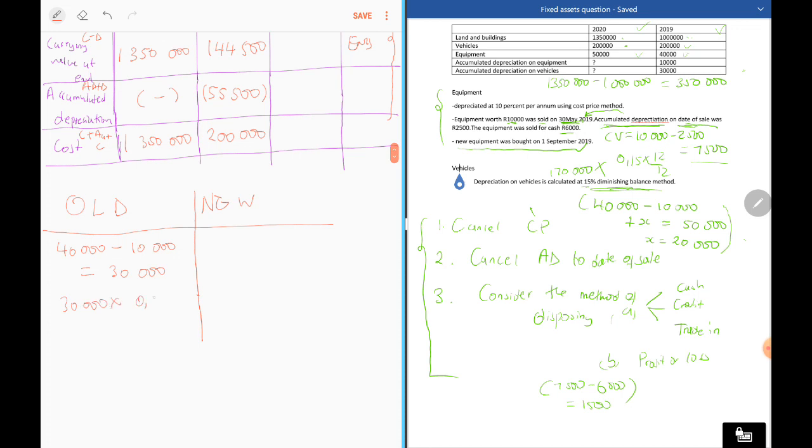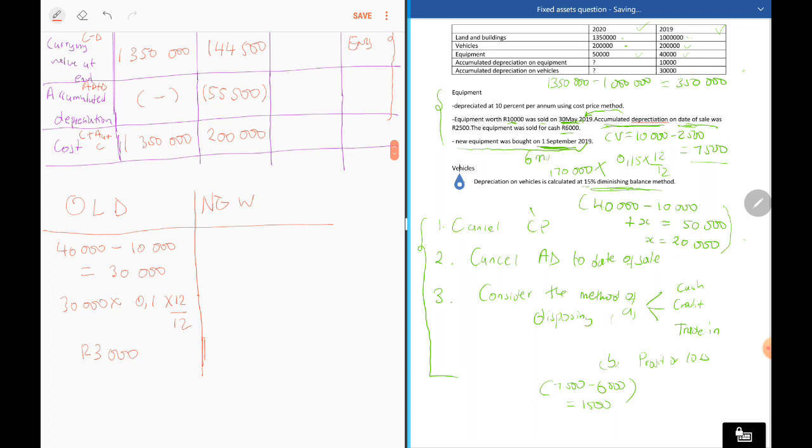Then this 30,000 is the one we're going to use to calculate the depreciation for the year. 10%. Remember, the old equipment has been with us for 12 months. Therefore, 3,000, that's the depreciation for the year for the old equipment, the equipment that we haven't sold, or the equipment that has been with us for the 12 months, right? And then this one was bought on 1 September, right? Therefore, it was with us from September, October, November, December, January, February. 6 months.